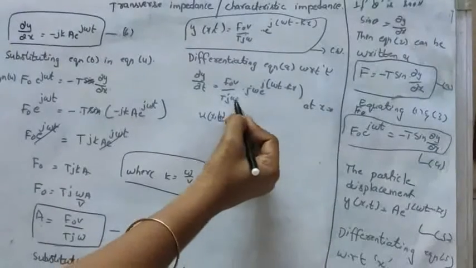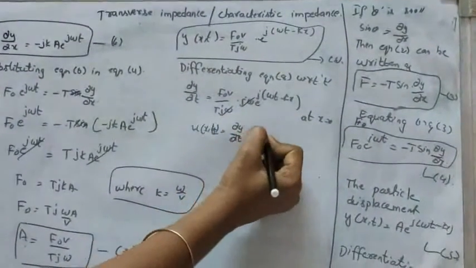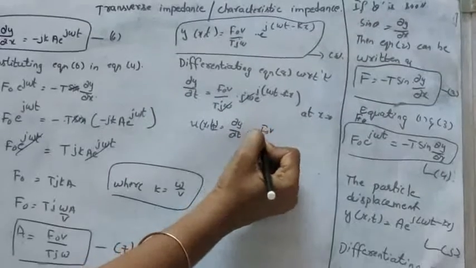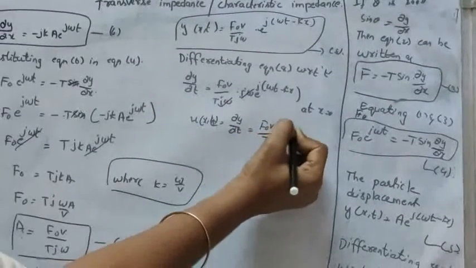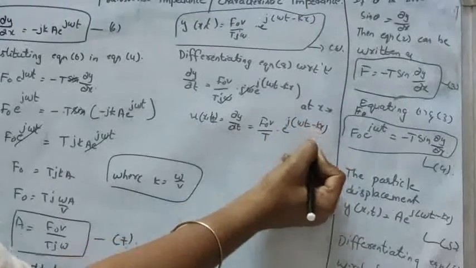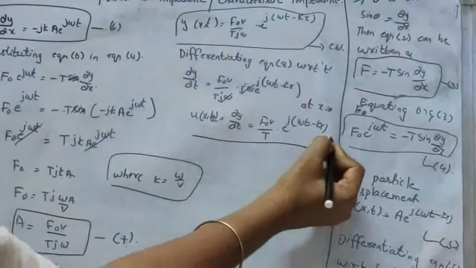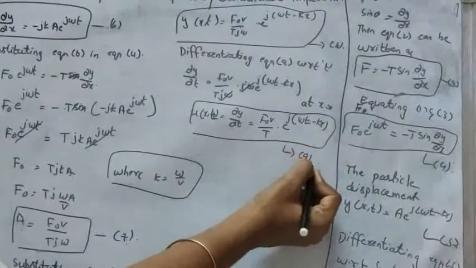Here j omega is there, here also j omega is there, it gets cancelled. So what you will get, F naught v by t into e power j of omega t minus kx. Consider this as equation number 9.